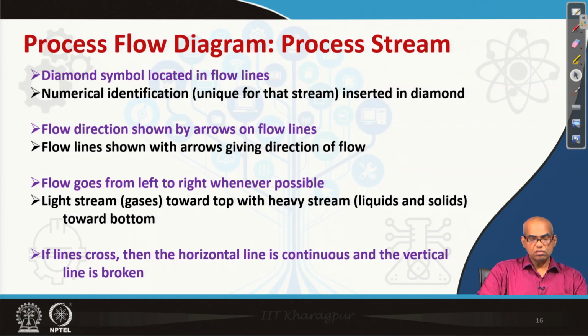If lines cross, then the horizontal line is continuous and the vertical line is broken. So, these are the features for the process stream. This we must remember when we represent a process stream.